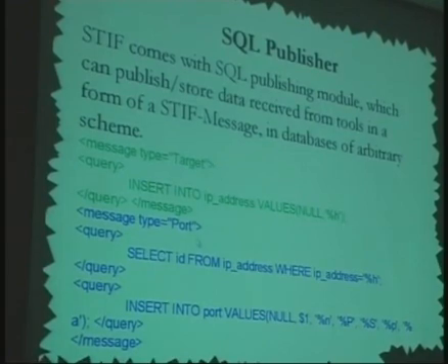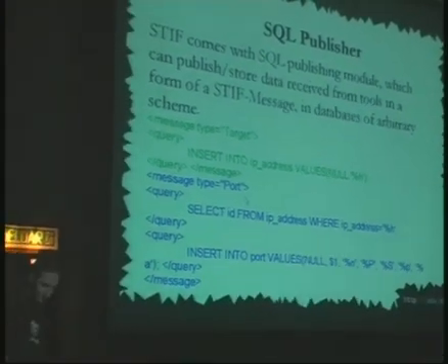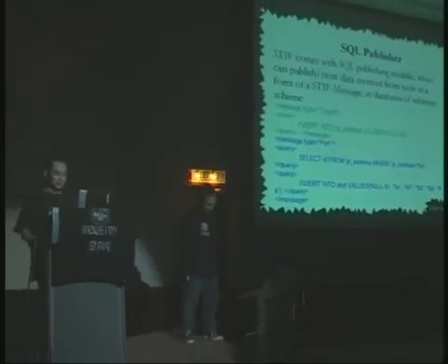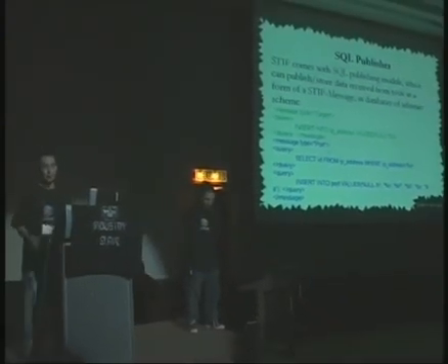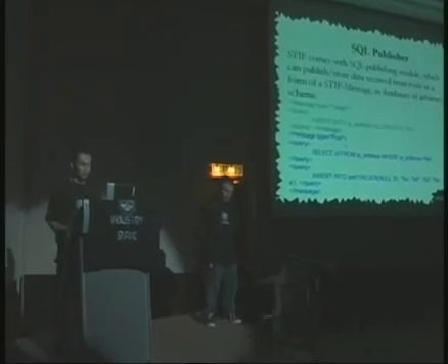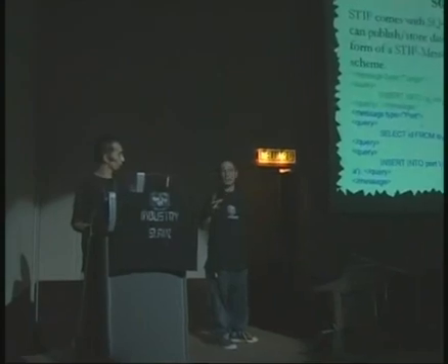Here we have first a select query, which selects the ID field, which you refer to in the next query by the $1 sign. And then NPS, port number, protocol, application level protocol, and then application version. So as you can see, this way you can import the data into any database of any schema. You can integrate the STIF into your existing database, and that's what the database publisher is for.